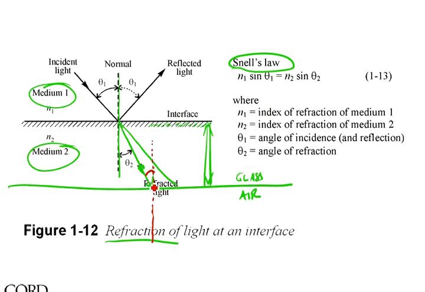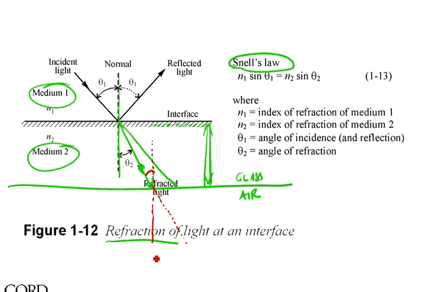This ray, if the boundary wasn't here, would have gone straight this way, continue straight. But because it goes now from a thicker to a thinner medium, this ray will not go straight, it will have to bend. And now, going from thicker to thinner, do you think it will bend towards the normal or away from the normal? It will be away.